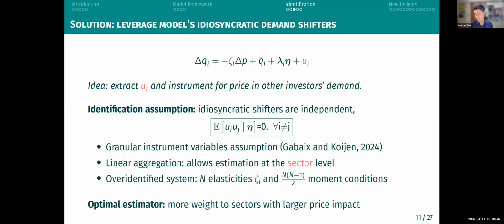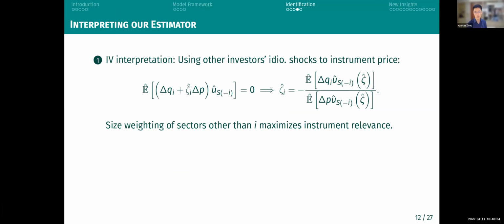By utilizing the economics of our system, we use size weighting, applying some sort of market clearing logic, so we can very clearly interpret our IVs. The GMM procedure extracts idiosyncratic shocks, and our size weighting fully uses other investors' idiosyncratic shocks to instrument the prices.